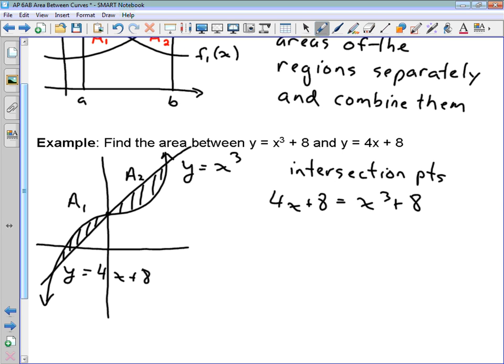From our graph, we can see that we should get three solutions. Let's bring everything over to the right-hand side: x cubed minus 4x equals 0. And then we can factor.